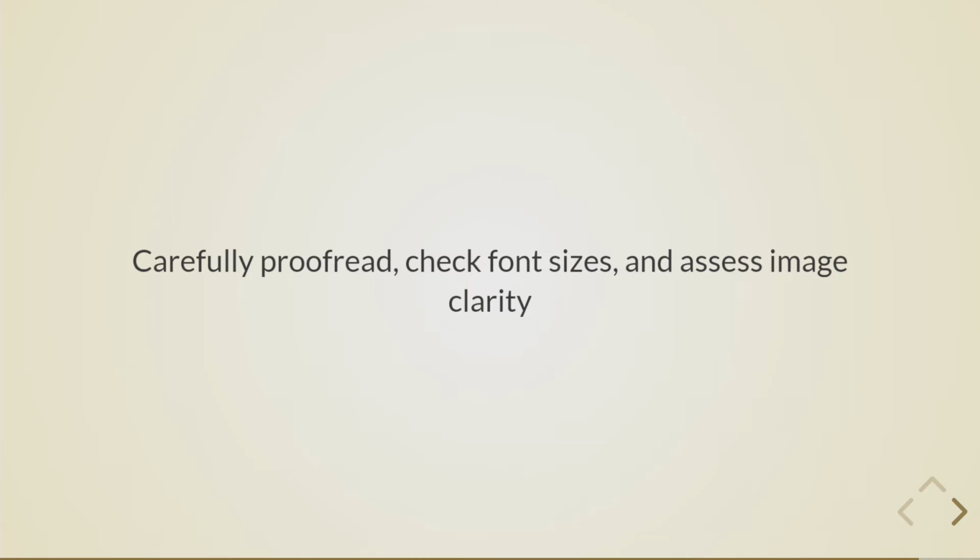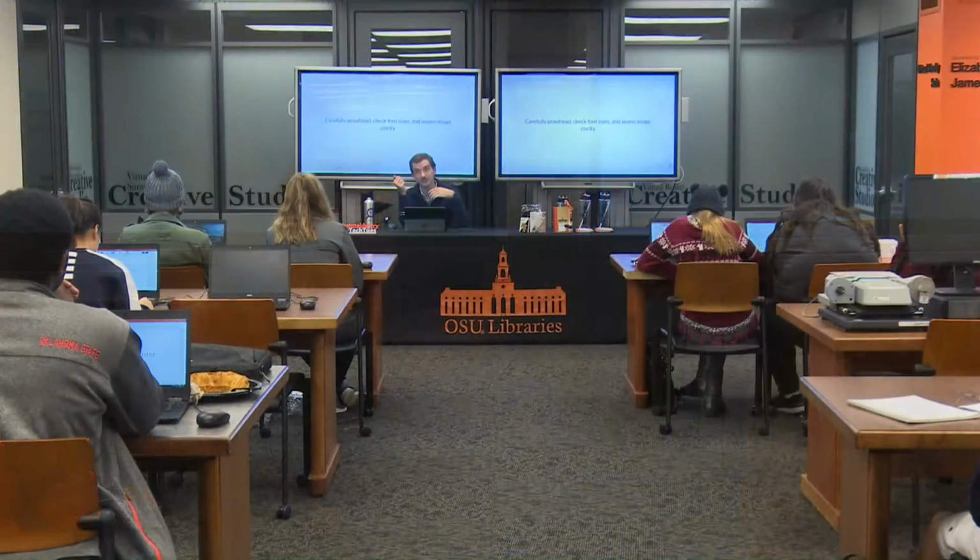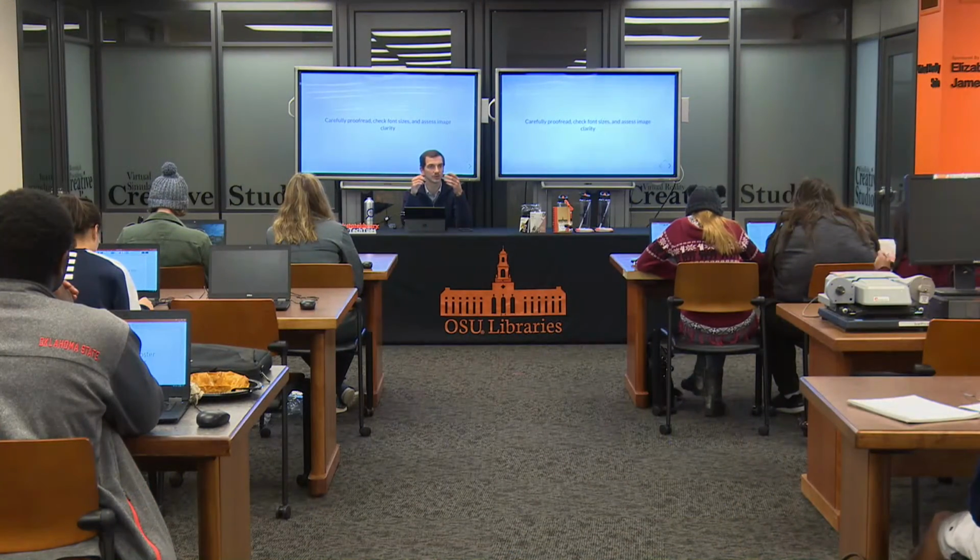It's the best way, and probably one of the only ways, that you'll actually catch any proofreading errors. It's so hard to look at a poster on a computer screen and catch all the small little bits where you might be missing a space, or punctuation is off, or you forgot so-and-so's name.